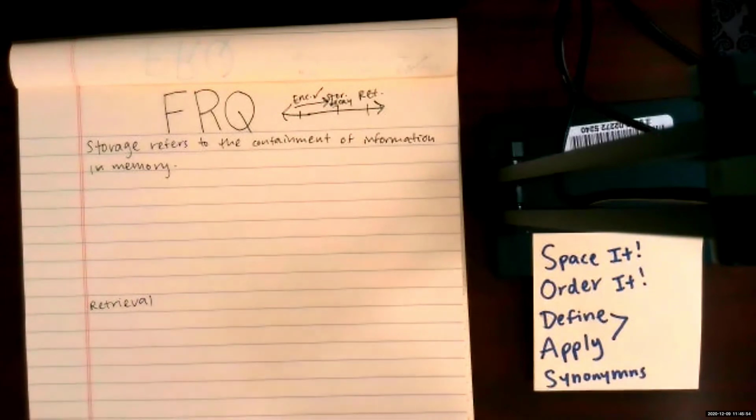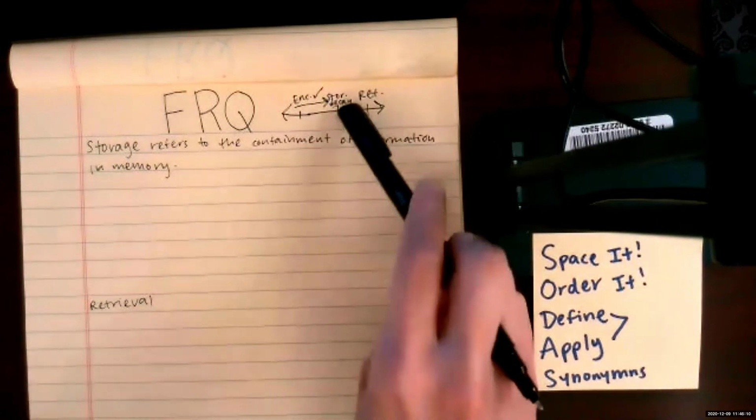Apply the definition. We've got to apply it back to Tosnia, and specifically the prompt says how the fact that she forgets the material on test day could relate to a problem with storage. So, and we said we want to talk about decay.